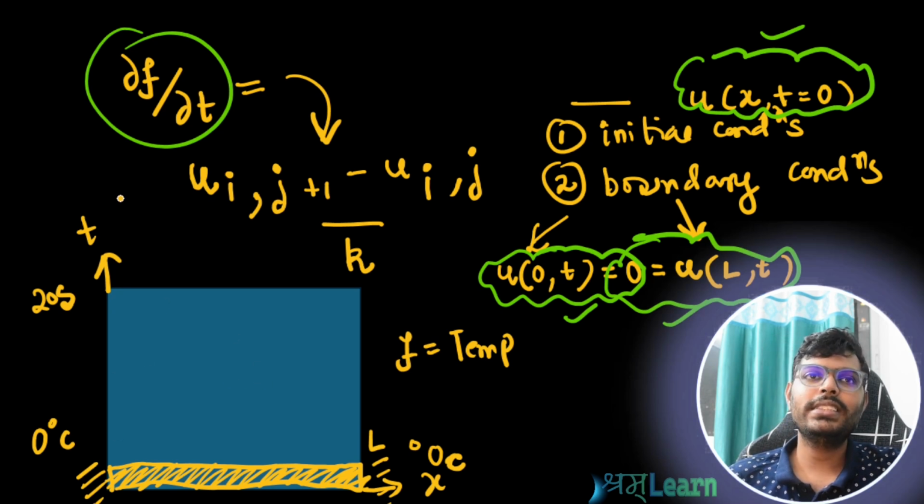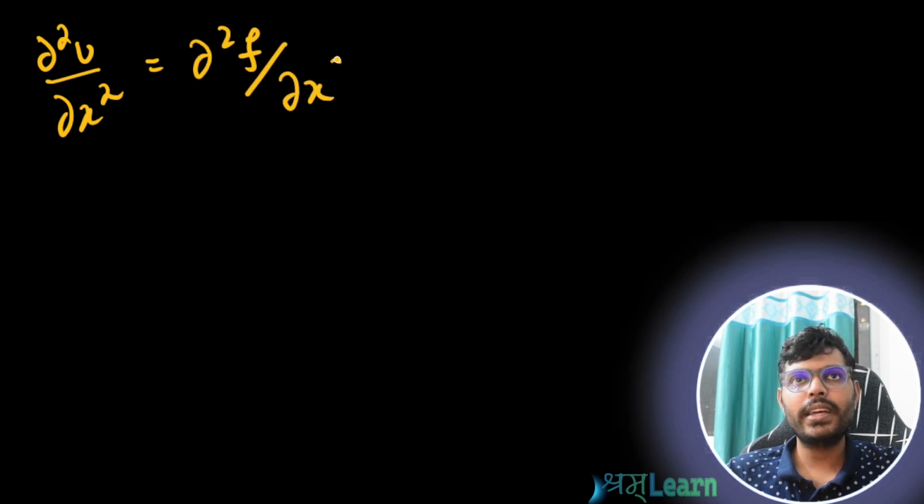So along this axis I have different times, and along this axis I have different positions. So how do I go about solving? I have another term, the second order term in position, d square u by dx square, that is also equal to d square f by dx square.